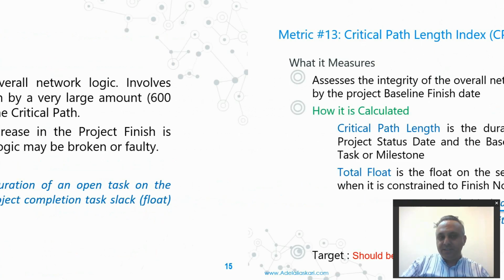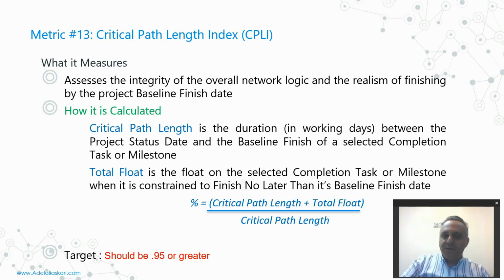The 13th criteria is talking about the critical path length index, or CPLI, and it is equal to the critical path length plus total float over the critical path length, and it should be 0.95 or greater.